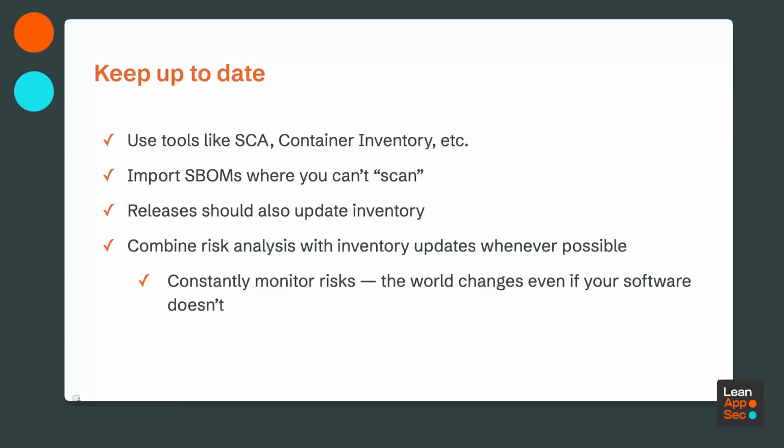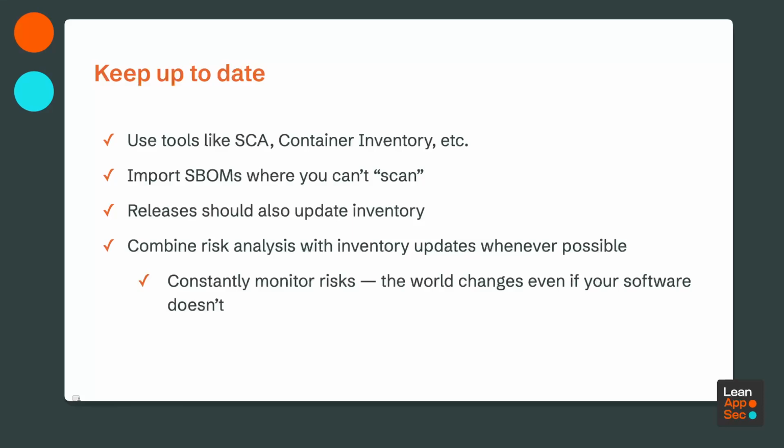Now, if nobody's running that anymore, no worry for you. But if it's a week after you released and it's the thing currently in production, you need to know. So you also need to continuously monitor the risks to the inventory you have, which is a slightly separate problem than monitoring the inventory itself and keeping the inventory itself up to date.